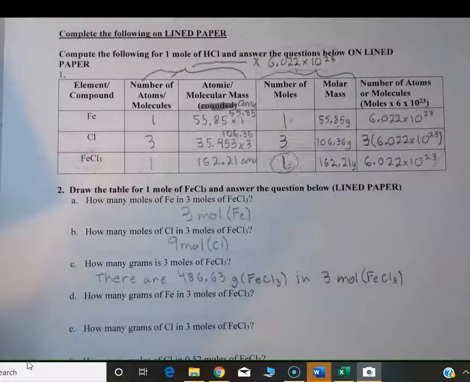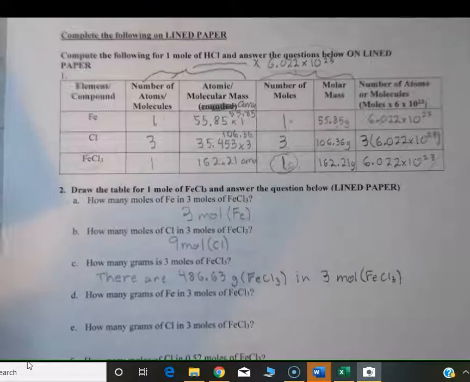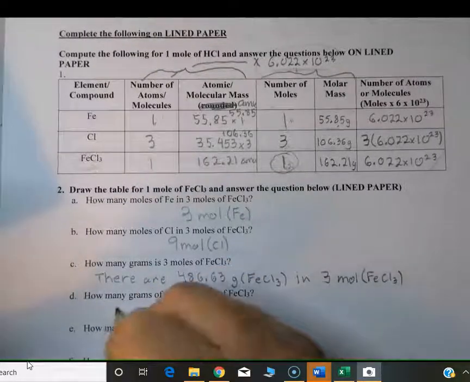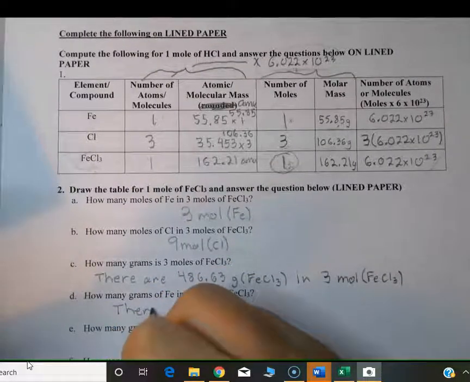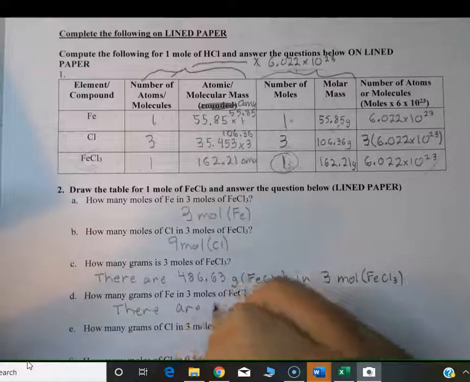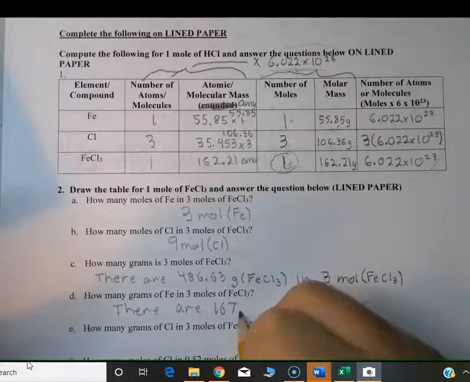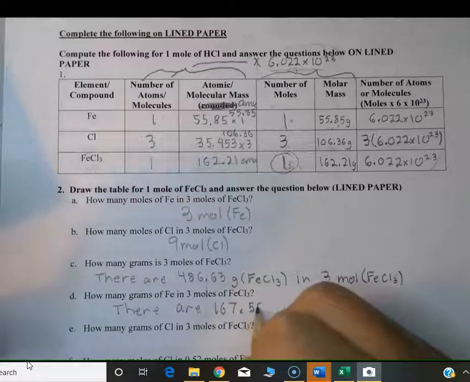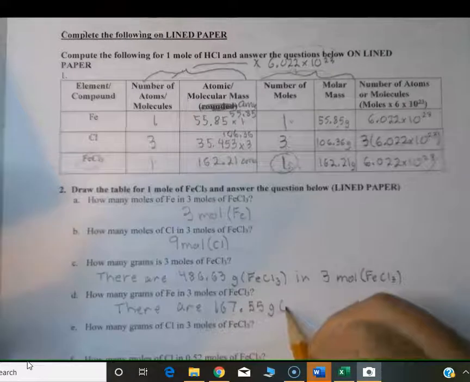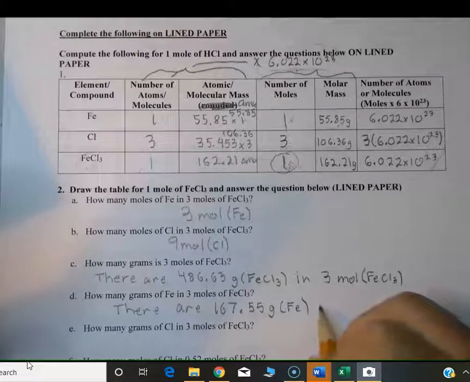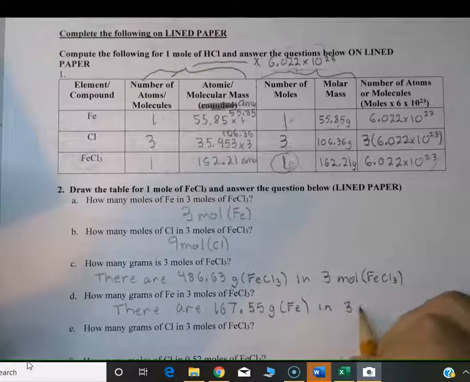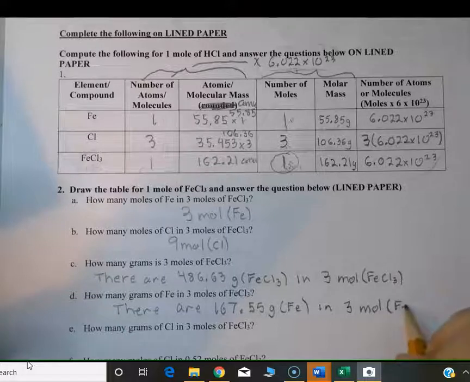So I'm going to do that multiplication, and we get there are 167.55 grams of Fe, of iron, in 3 moles, and even though it's plural, you would just write MOL, of FeCl3.